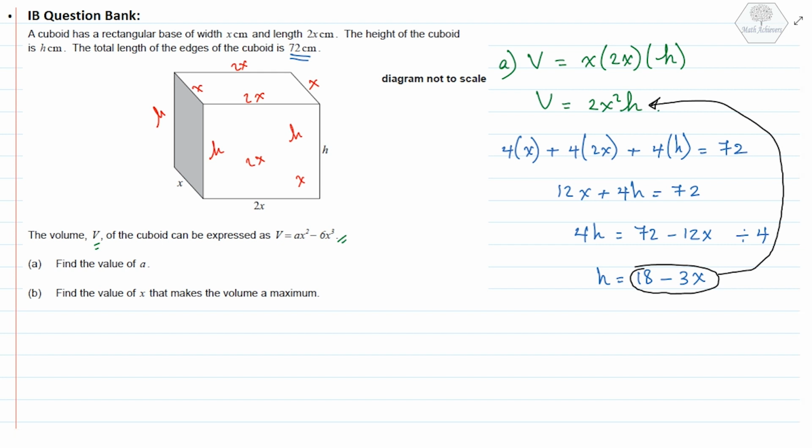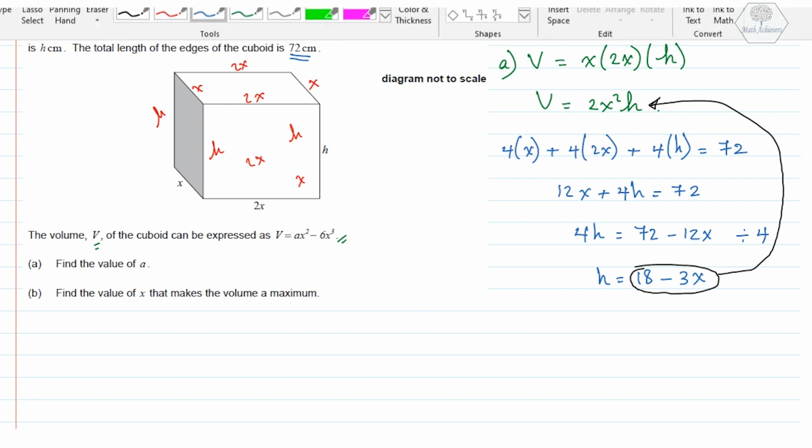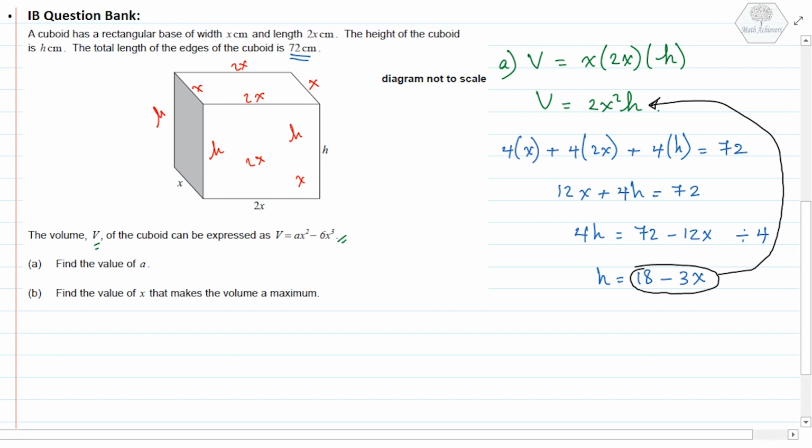So I have the volume equal to 2x squared times h, which I substitute 18 minus 3x instead of h. So I have the volume equal to 36x squared minus 6x cubed.